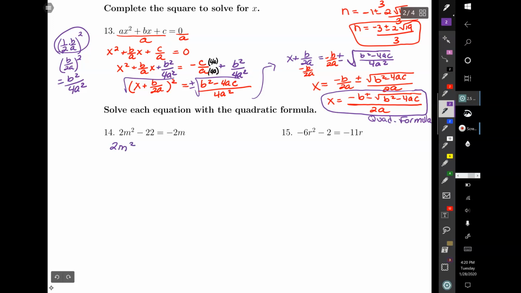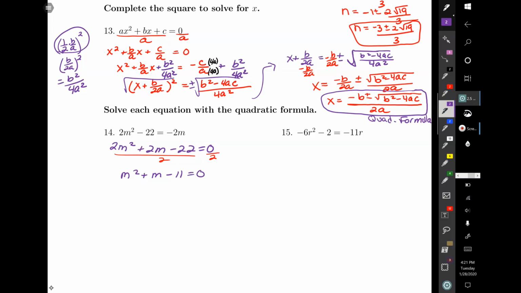So I have 2m squared plus 2m minus 22 equals 0. And then I'm going to divide both entire sides by the 2 that I would factor out. 2 divides into everything here. So I end up with m squared plus m minus 11 equals 0.